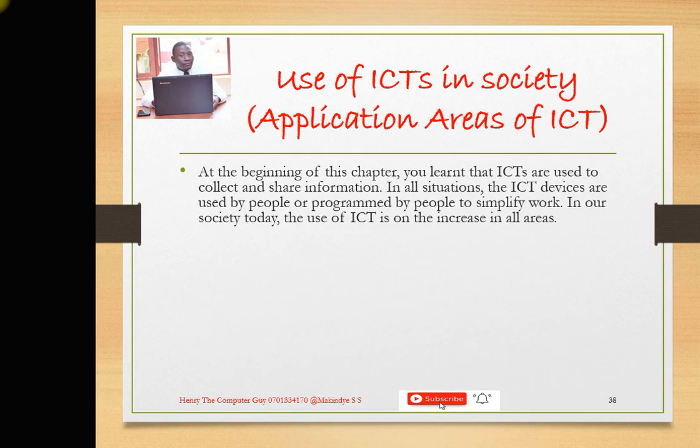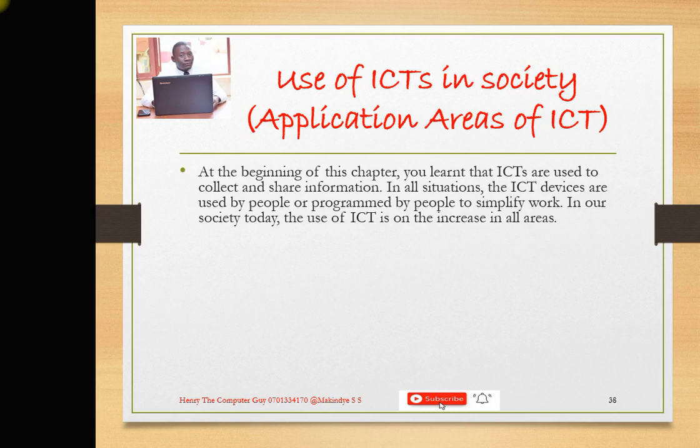So they are telling us that at the beginning of this chapter, you learned that ICTs are used to collect and share information. You have your data here. You want to send it to another country, you can share it using any ICT tool that you have.